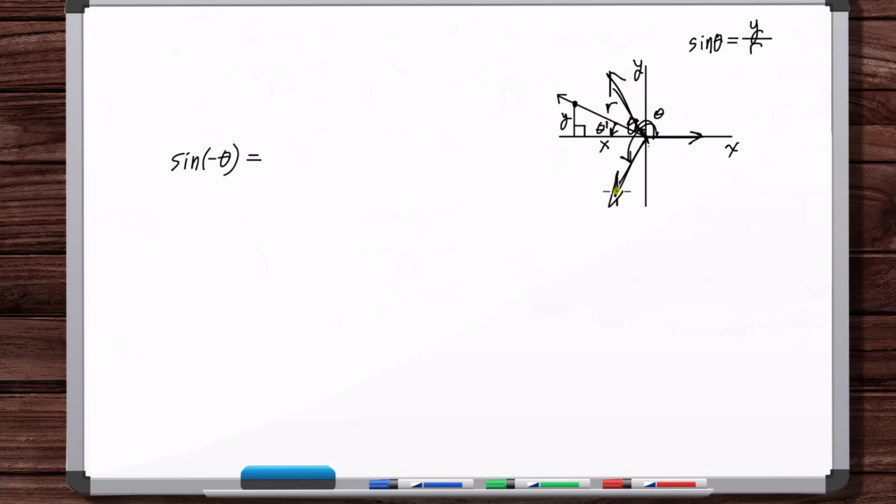Once again, they'd have the same reference angle, and it'd be the exact same result. So this is another way of showing that the sine function is an odd function, which means that sine of negative theta is equal to minus sine of theta.